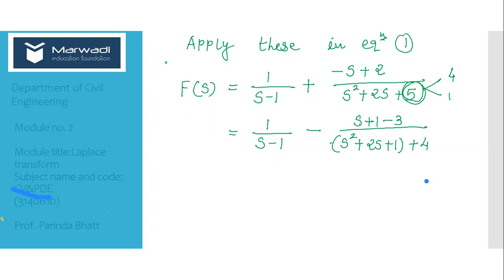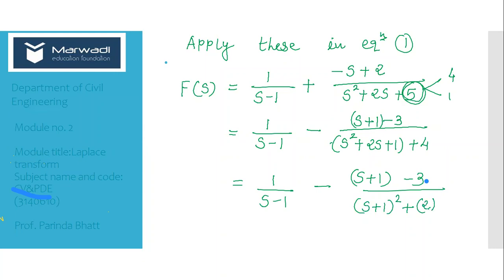Okay, minus 3 plus 1, because we apply the minus sign here, this is minus s, and when we put the minus, this sign changes, -2, therefore -3 plus 1. So s plus 1 minus 3 by s plus 1 whole square plus 2 square.